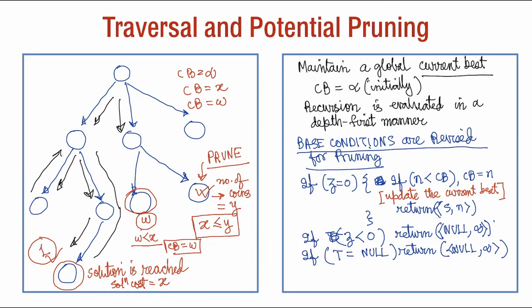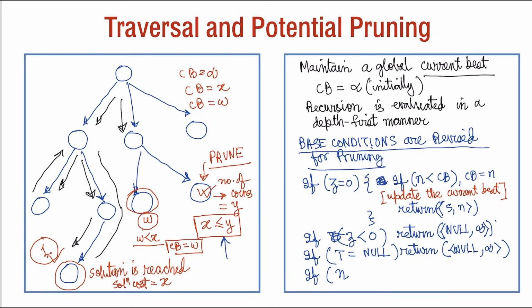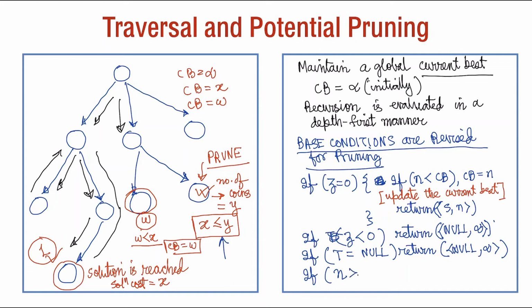Because now z is positive, z is not 0, z is not negative, so z is positive and t is null. The other option where we will now get is another new condition. We will check if n is greater than or equal to current best. Now again here we know that we don't need to go further because this is worse than the current best, and this is not a solution, because if it was a solution then z would have been 0.